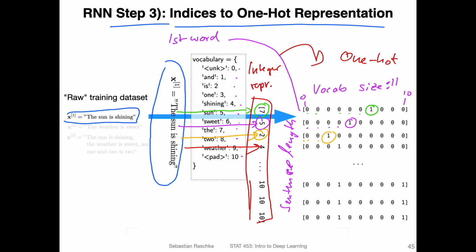I should have put this more to the right, but anyway, the same concept applies. The 4 here: 0, 1, 2, 3, 4. All right, so this is how we create our one-hot representation of that sentence.